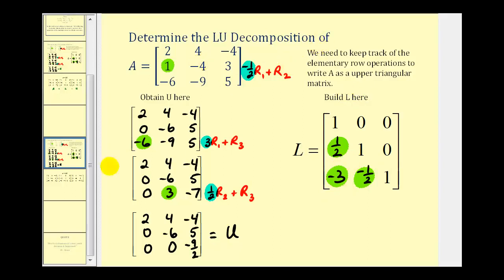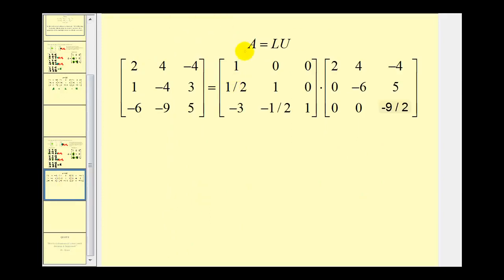So putting the pieces together, we know that A equals L times U. So A is the given matrix, L was our lower triangular matrix, which we built using the shortcuts, and U was the upper triangular matrix, which we found by performing row operations.